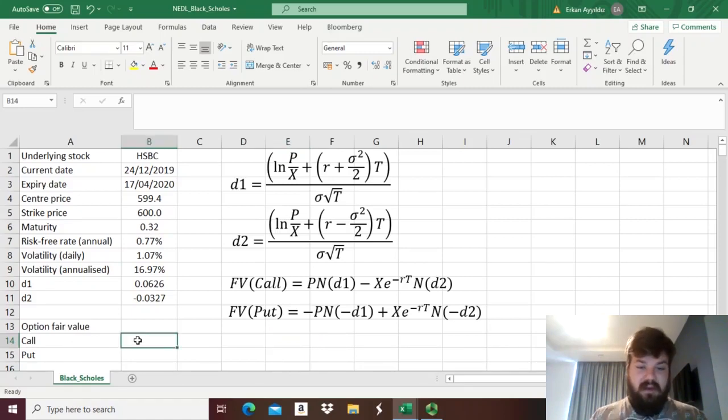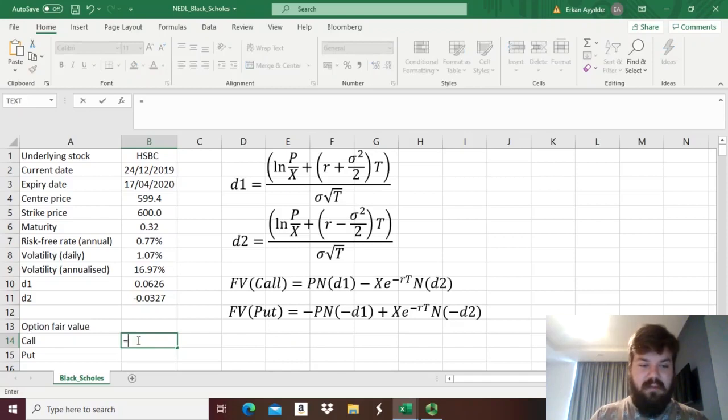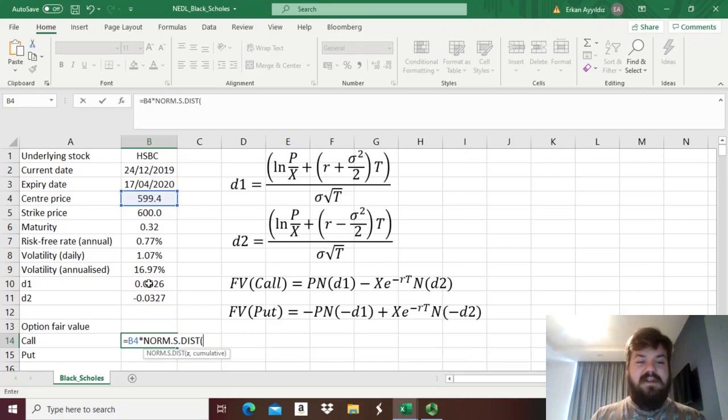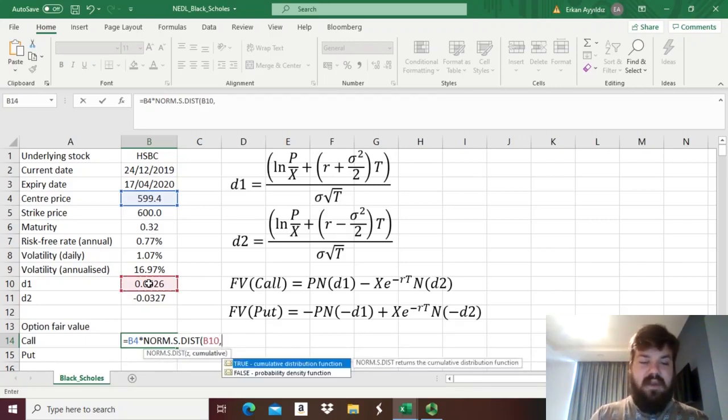So now we can input this formula for the fair value of the call option. So we multiply the center price by the standard normal distribution, NORM.S.DIST, using D1 as our input. And we want to input the cumulative standard normal distribution here, so we put in 1.